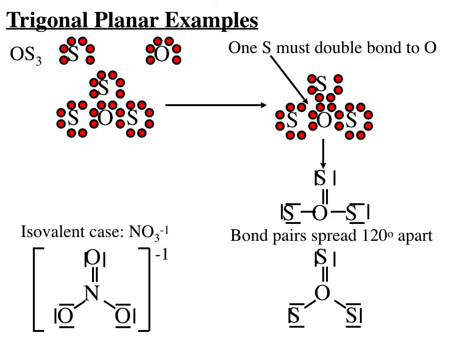Let's look at some examples of trigonal planar molecules. We'll begin with, instead of doing SO3, why don't we, just for fun, do OS3, oxygen trisulfide, which of course is possible. Okay, so of course S and O are each column 16, 6-valence electron elements.